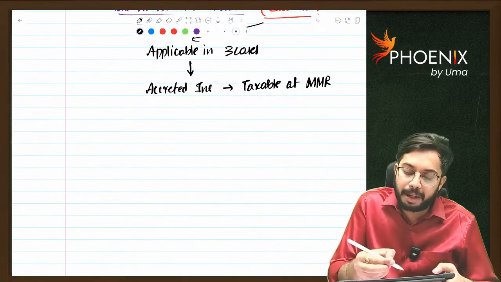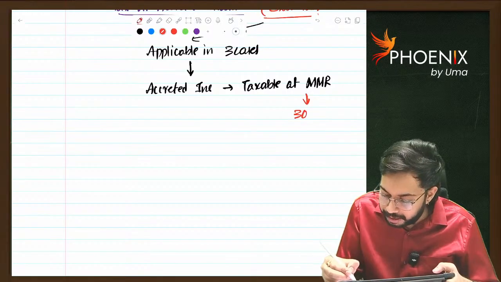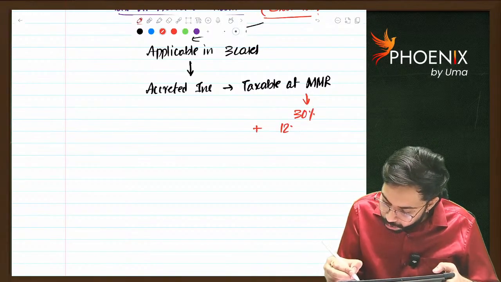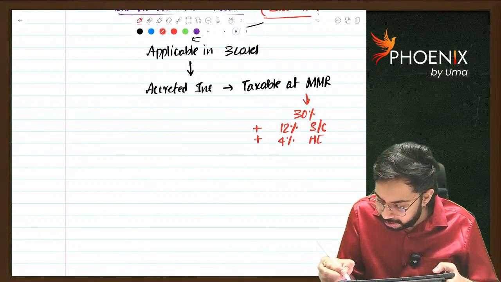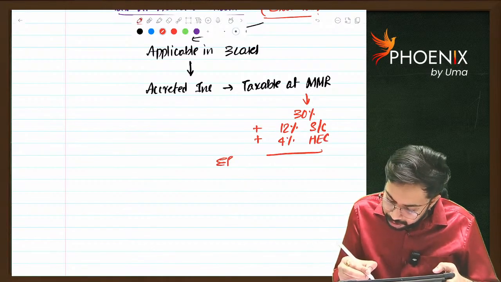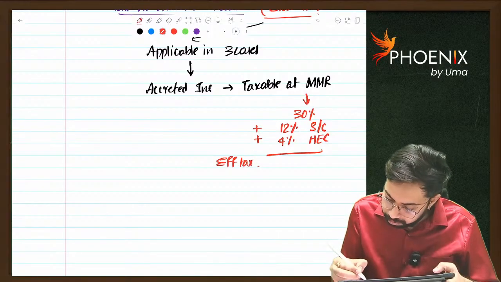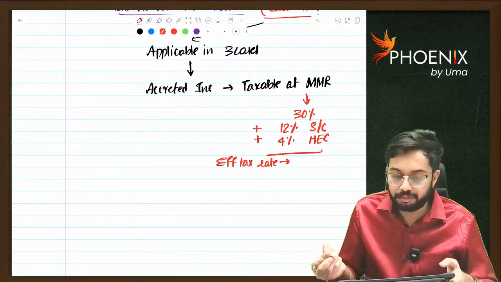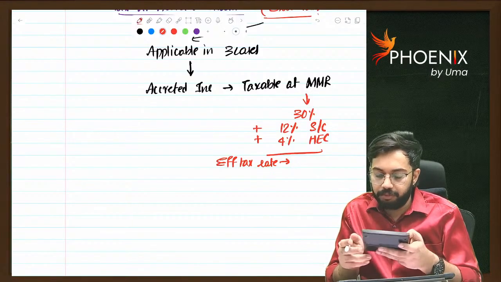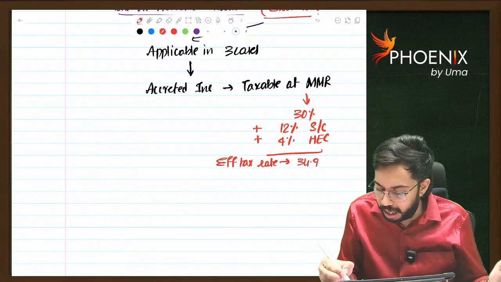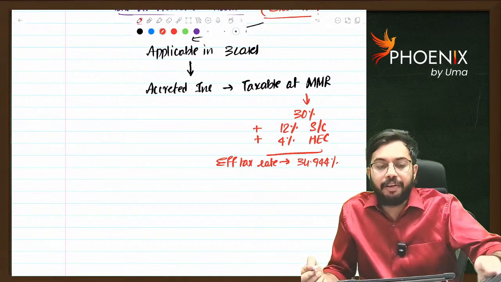Sir, what do you mean by MMR? 30% tax plus 12% surcharge plus 4% HEC. So what is the effective tax rate? 34.944%. That is the effective tax rate.